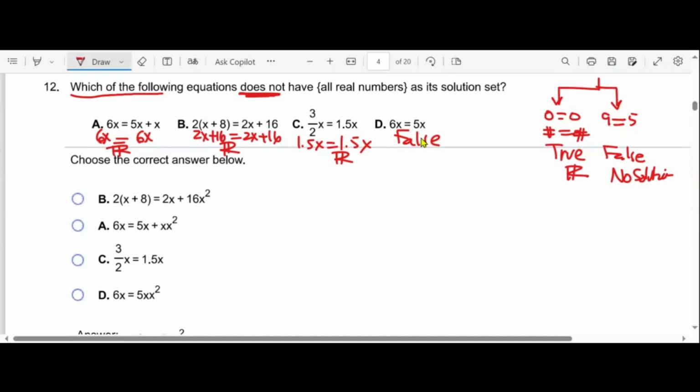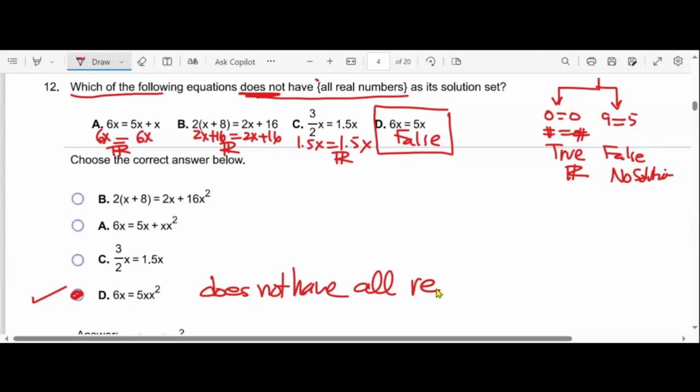So in this case, the only one is D. That's the answer. Which does not have all real numbers as a solution set.